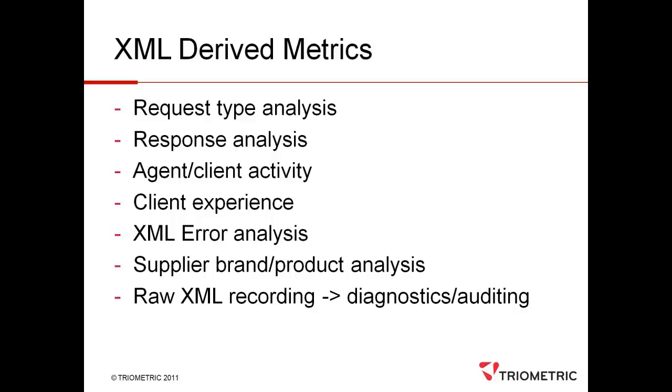But what agent or client is up to, what their experience is, how the XML information has flowed, whether there are any errors. We can also look at, and I think Alex might show you a little bit of this today, if we're working with third-party suppliers for particular brands or products, then we can get visibility on how those have responded to requests and dig right in there.